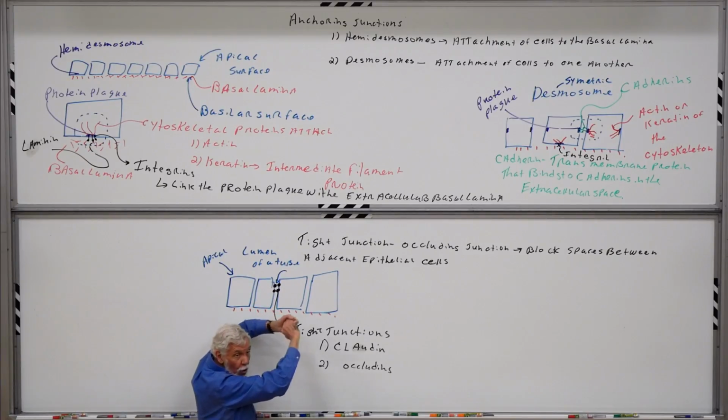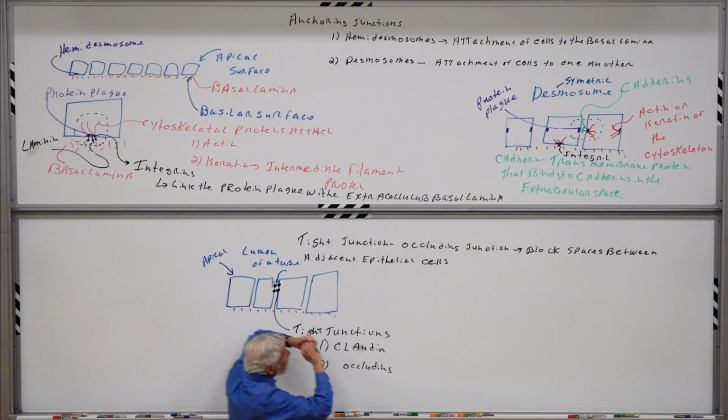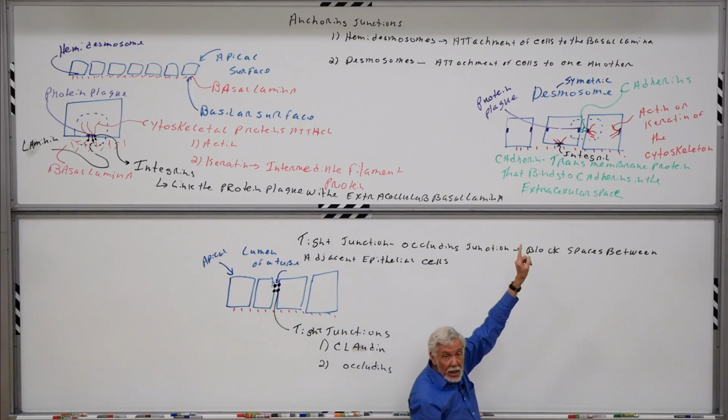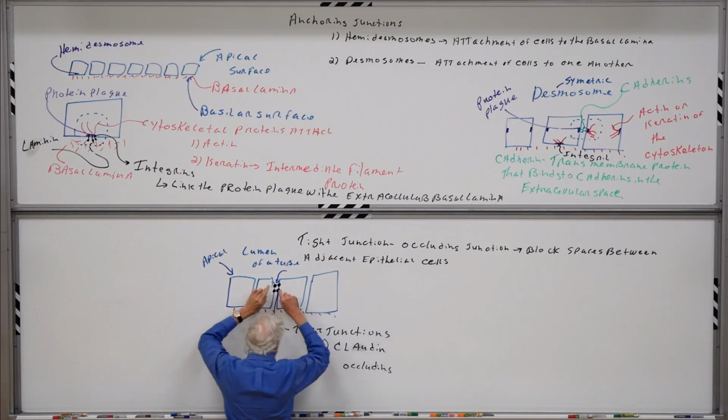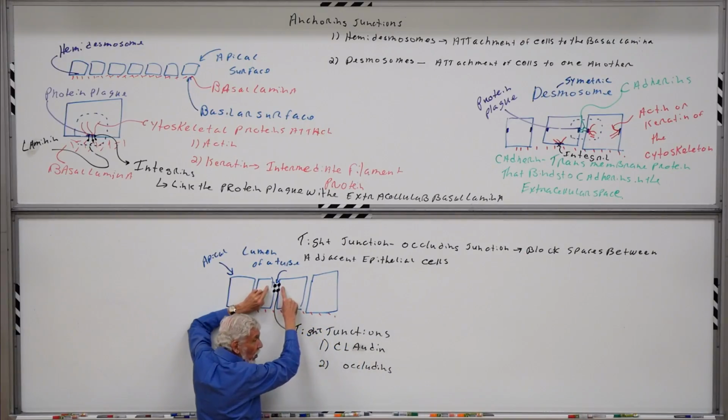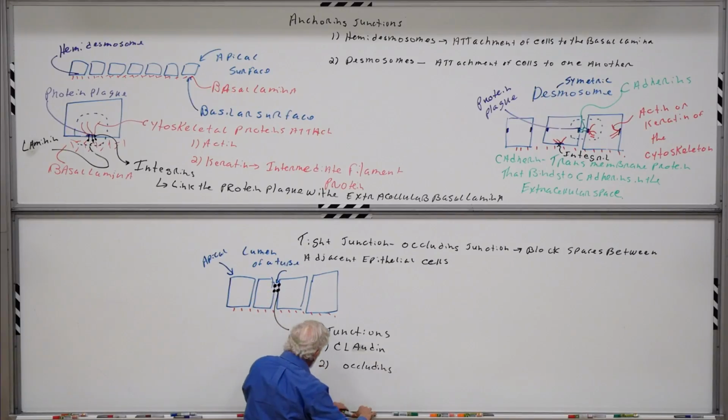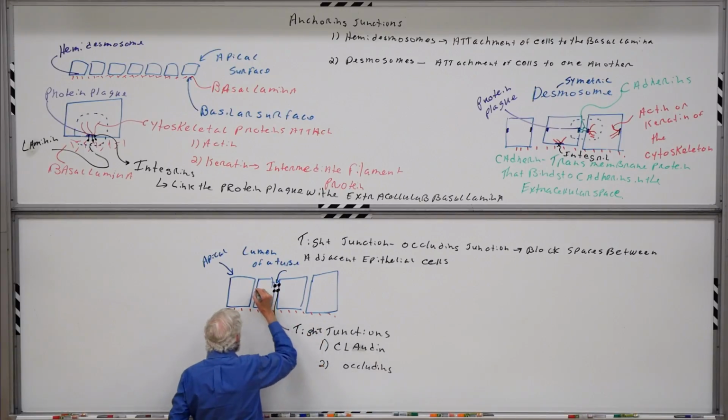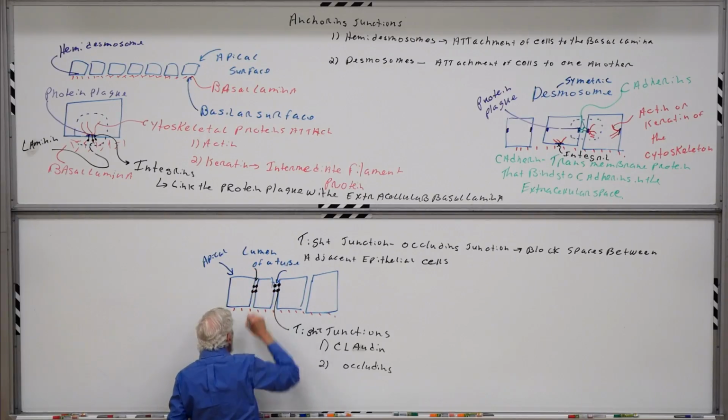They're not very strong because they're not anchored into the cytoskeleton like the desmosomes or the hemidesmosomes. So these junctions are easily torn apart, but their main function is to form a blockade so that molecules from the lumen of the tube are blocked from coming down between the cells.